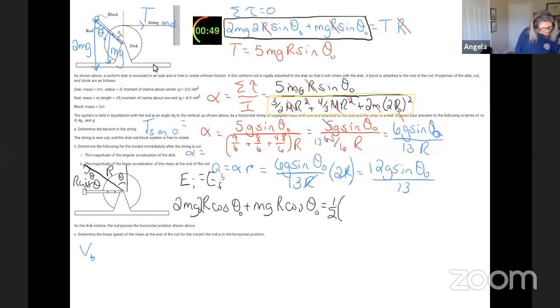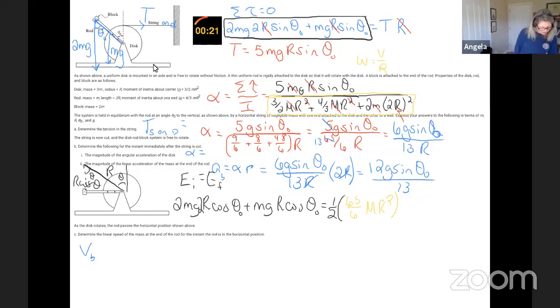3/2, oh, that ended up being 65 over 6, right? I don't want to do that again. 65 over 6 mr squared, okay? Times omega squared, but omega is v over r, okay? So omega is v over r. But the thing is, we're talking about the linear speed of the end of the rod, and the end of the rod is a distance of 2r from the axis of rotation.